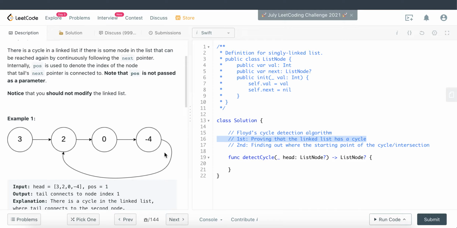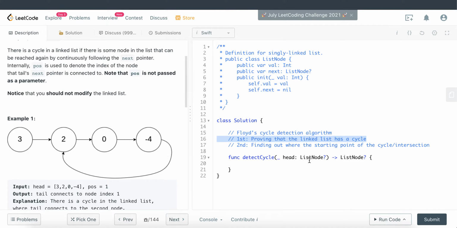After that, what we have to do is reset the slow pointer back to the head and then traverse again. At this time, the fast pointer will only traverse once, and the fast pointer is still inside the cycle. But this time, in the second loop, when they meet each other, they would be meeting at the intersection point, right?